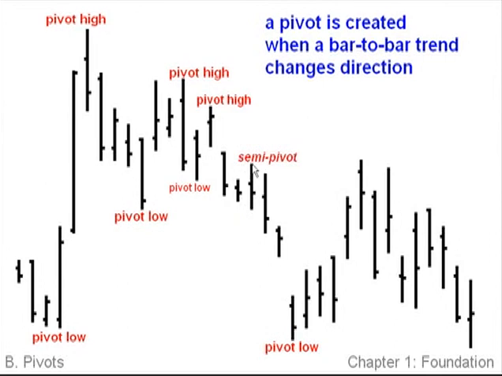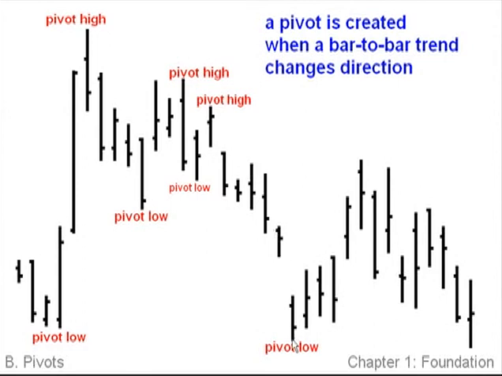Why? Because the real pivot high needs to come off of a pivot low, and there was no pivot low that we came off of to this semi-pivot high. We'll talk more about these semi-pivots later, but for now we'll just concentrate on genuine pivot highs and pivot lows.